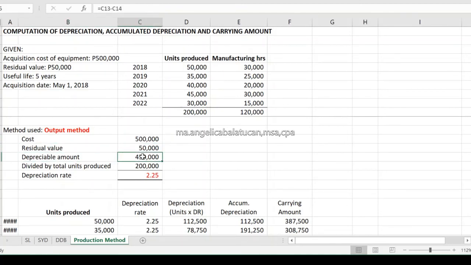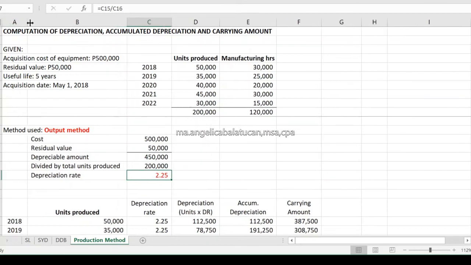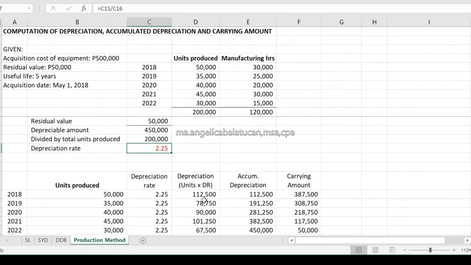You will get the depreciable amount and divide by the total units produced. So we obtain that here. So just sum up all the units produced. So for every unit produced, the corresponding depreciation rate is 2.25 or 2 pesos and 25 centavos.